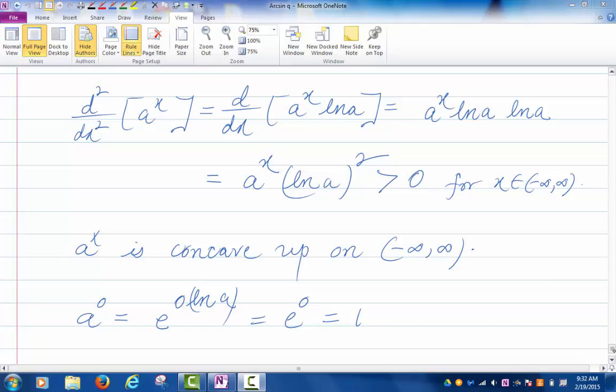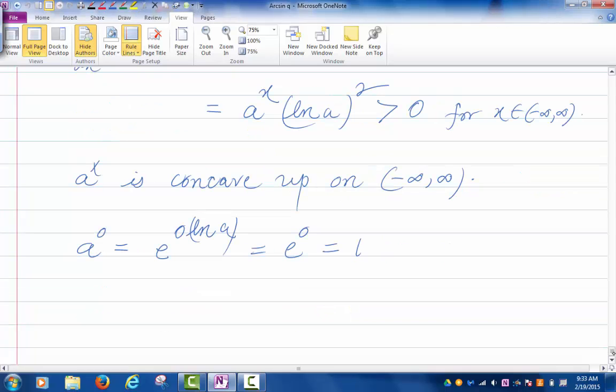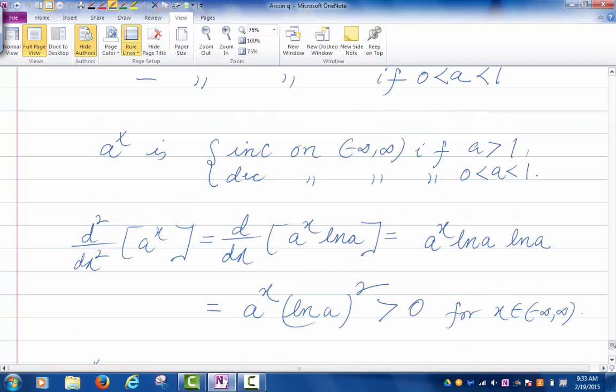Alright, so last time we started looking at the general exponential function a to the x, and there are a couple of things that we said here.